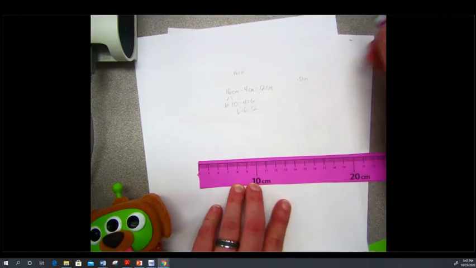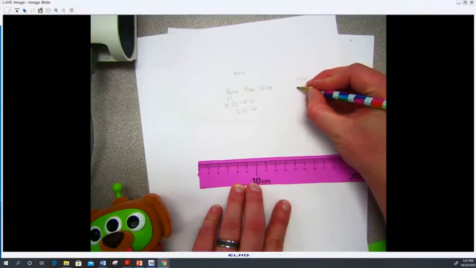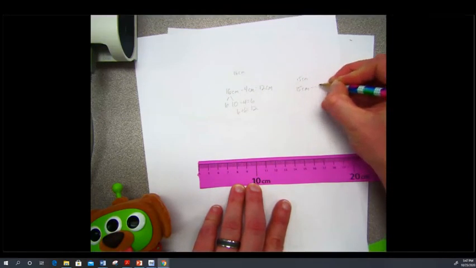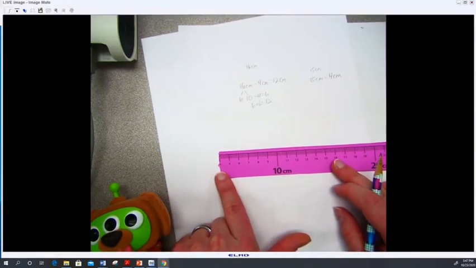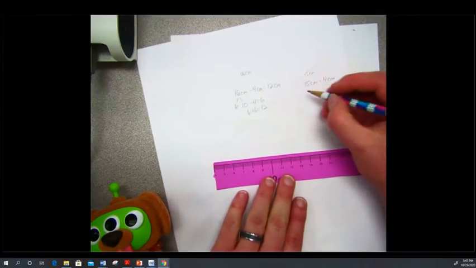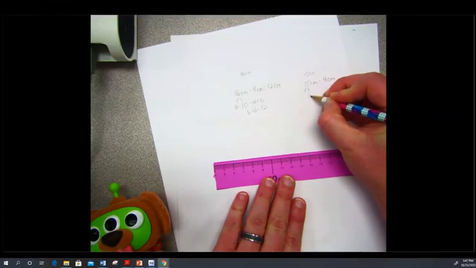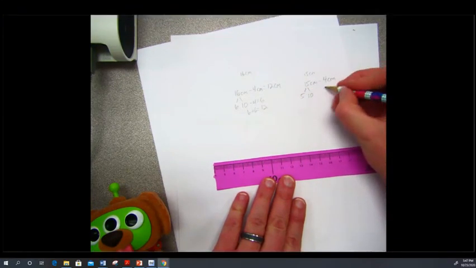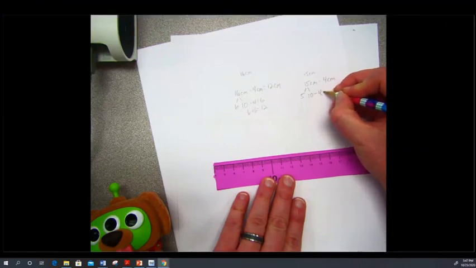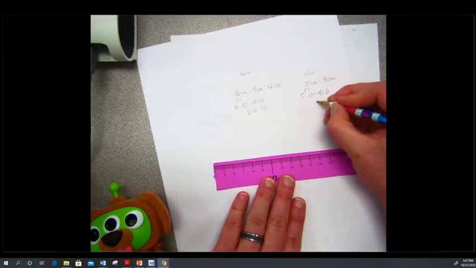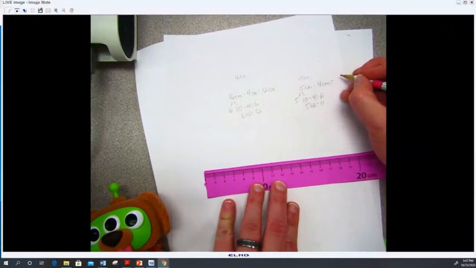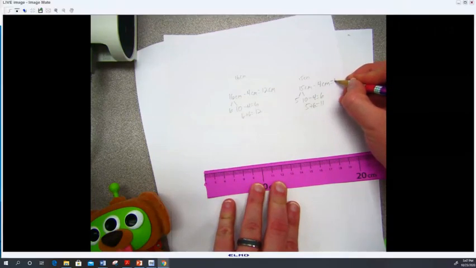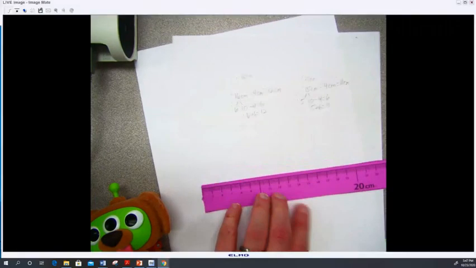Or I can do like I did with the other one. 15 centimeters minus 4 centimeters, because I'm missing 4 centimeters at the beginning of my ruler. So let's take 10 away from 15. 10 minus 4 equals 6. 5 plus 6 equals 11. So 15 centimeters minus 4 centimeters equals 11 centimeters.